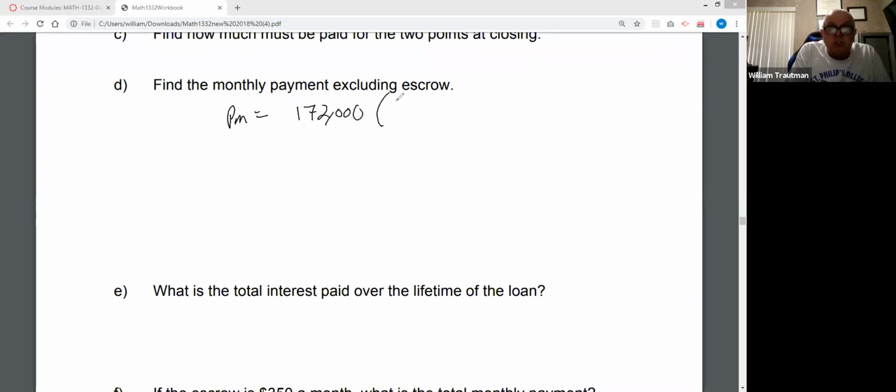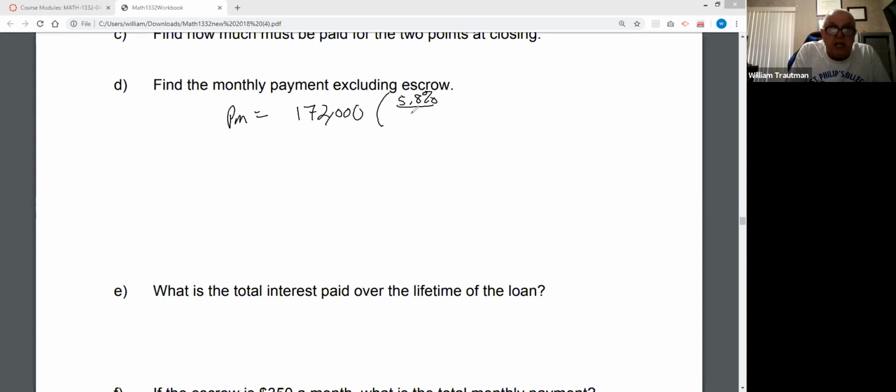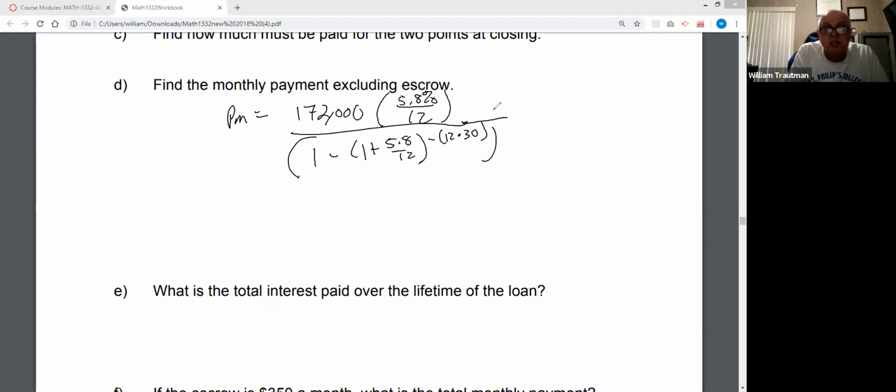What was our interest rate? 5.8%. 5.8% over N, which is always 12 when you buy a house or a car. 1 minus 1 plus 5.8 over 12, minus N, which is 12 times years, 30 years. Make it 30 years' worth of payments.